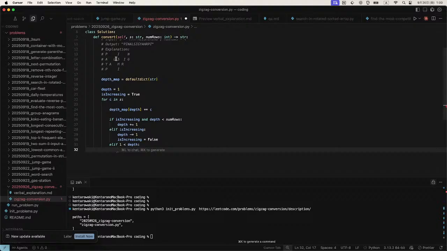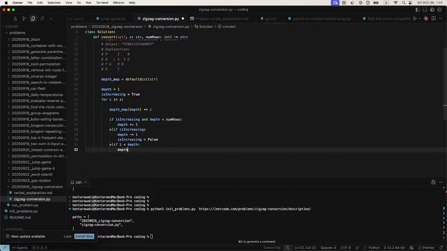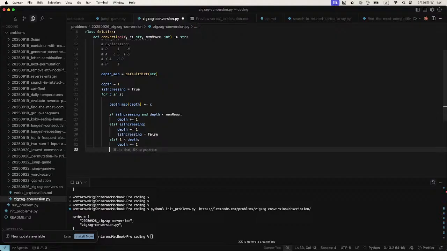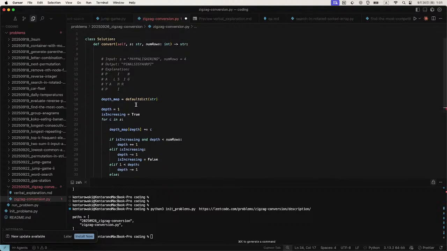So in this case, depth might be 4, 3, or 2. In this case, depth should be decremented.